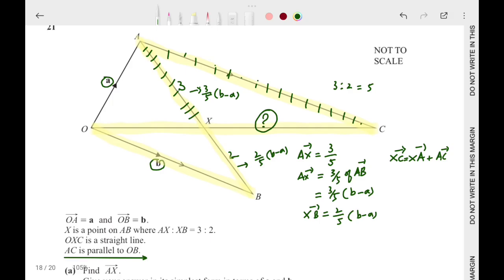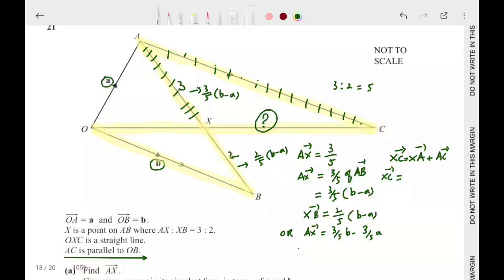Now we have one value, that is xa, but we don't have ac. We have calculated ax, that is 3 over 5 b minus a, and we can also write it like this, that ax is equal to 3 over 5 b minus a minus 3 over 5 a.